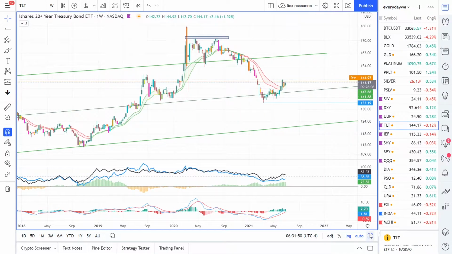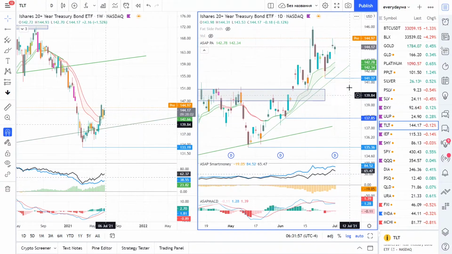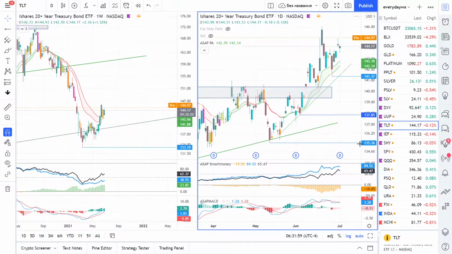Anyway, we can buy the TLT ETF with a stop loss at one of these three blue levels, depending on your risk appetite.